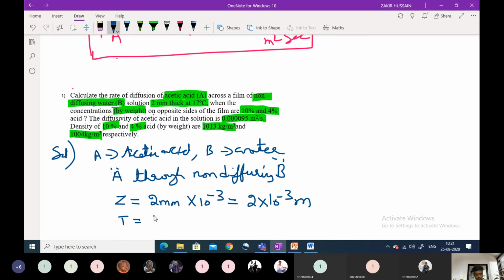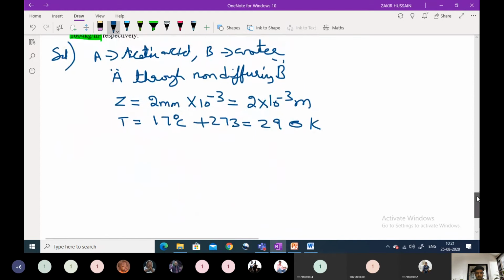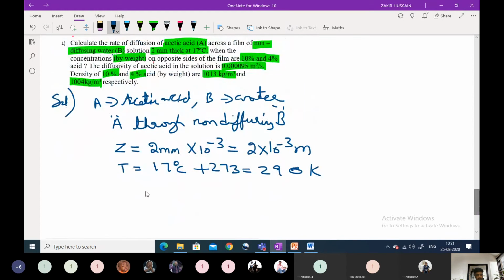Then the temperature they have given is 17 degrees centigrade. We have to add 273 in order to convert into Kelvin, so this is 290 Kelvin. Next, they have given all the concentrations in terms of weight on the opposite sides.